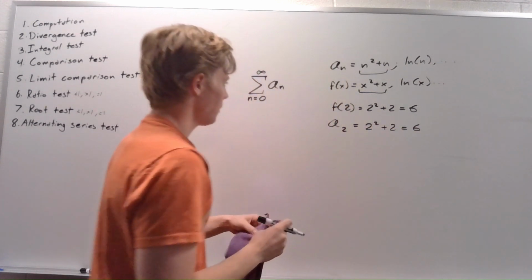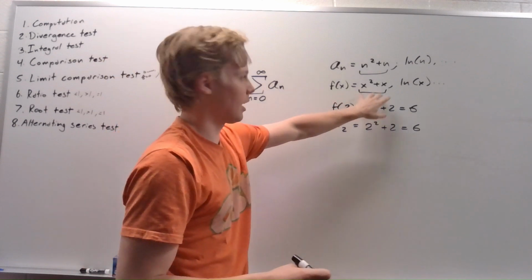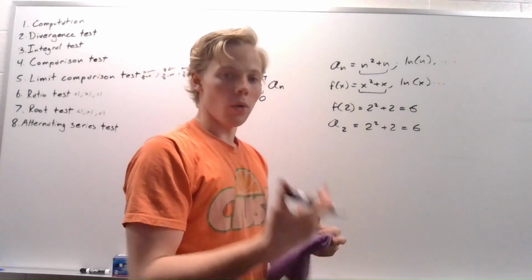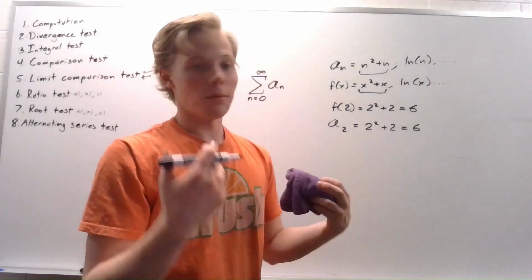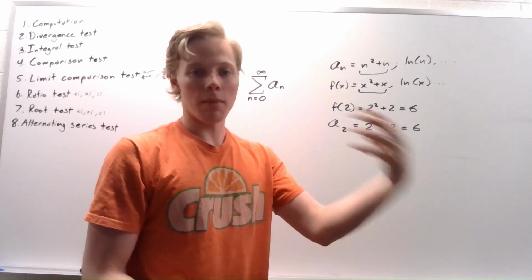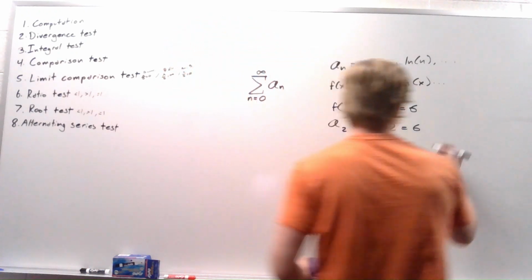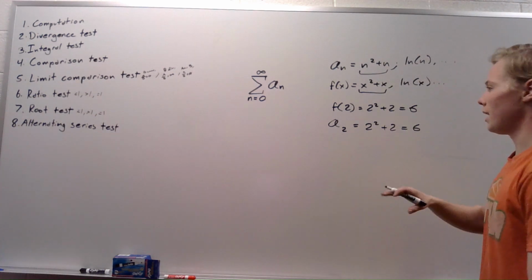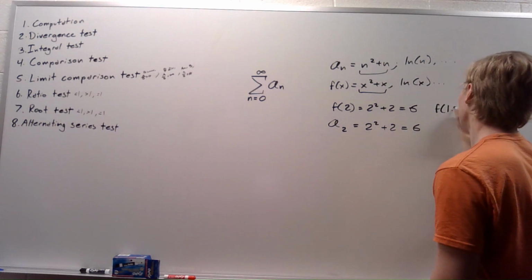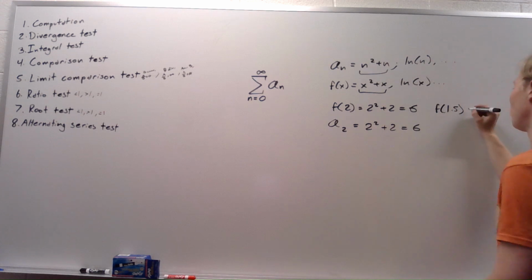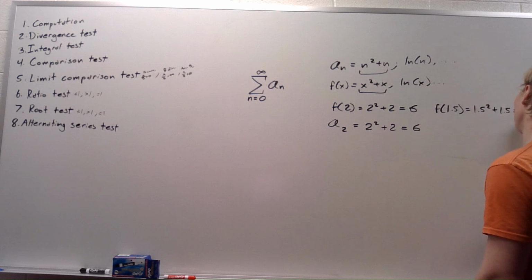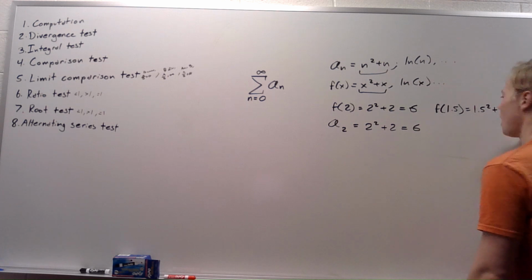And so if you have a function of x like this and an identical function of n, at all whole numbers, those functions are going to be equal to each other because it's the same function with the same input. However, if you do a non-integer like 1.5, you can do f of 1.5, which is 1.5 squared plus 1.5, which is 3.75.